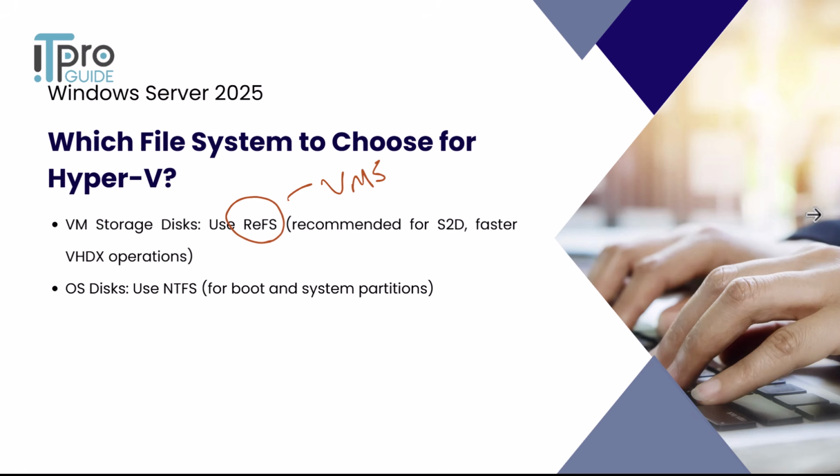However, for operating system drives, continue using NTFS, because ReFS volumes cannot be used to boot Windows Server. So when you prepare the Windows Server, make sure that the C drive, the Windows boot drive, is NTFS, and the storage disk that you create for the VHDX is ReFS. This is the optimized way to do it.